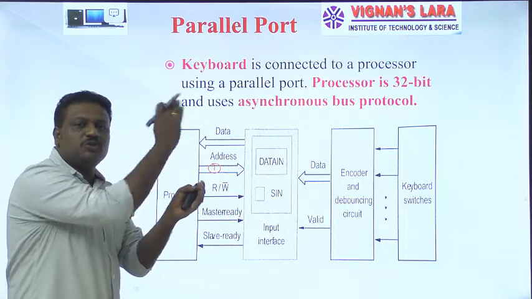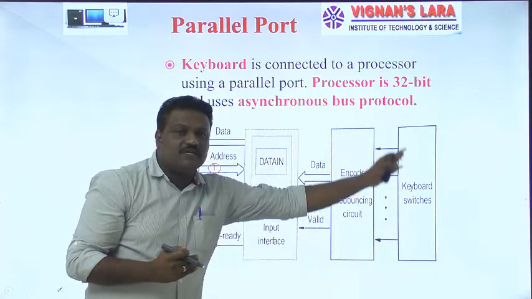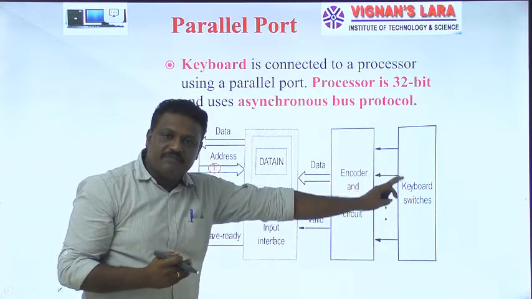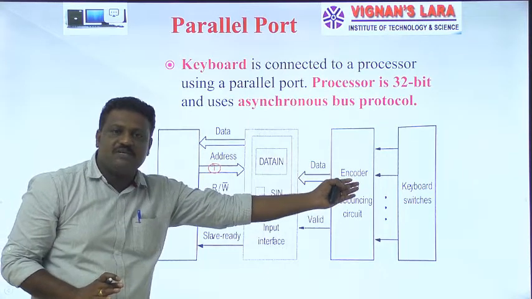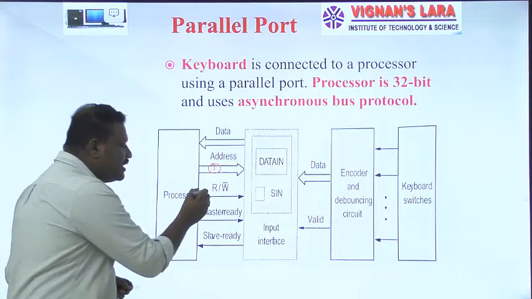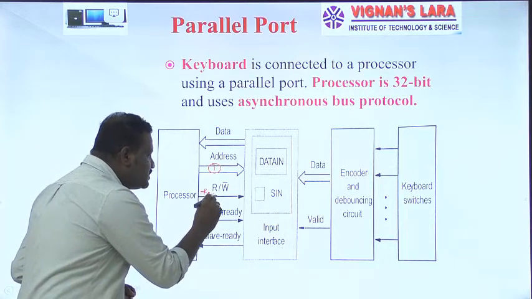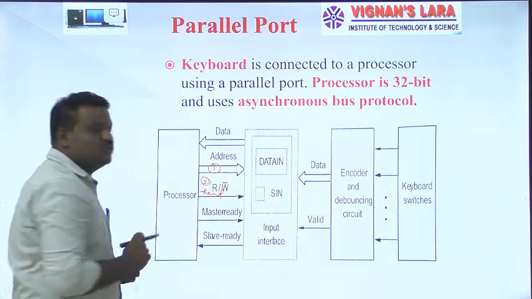Here my connected device is a keyboard, which is an input device. No doubt, my processor always receives something from this keyboard. So the processor generates a control signal, a read, over this R/W bar signal as the second operation.